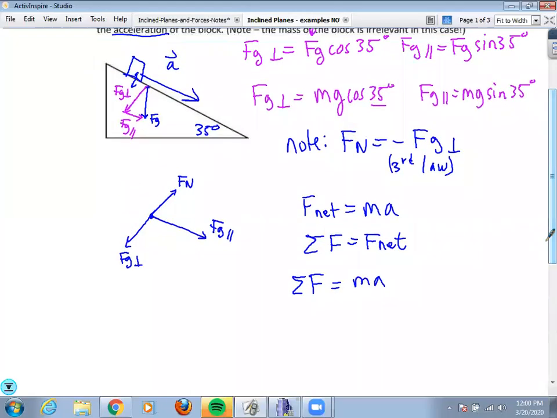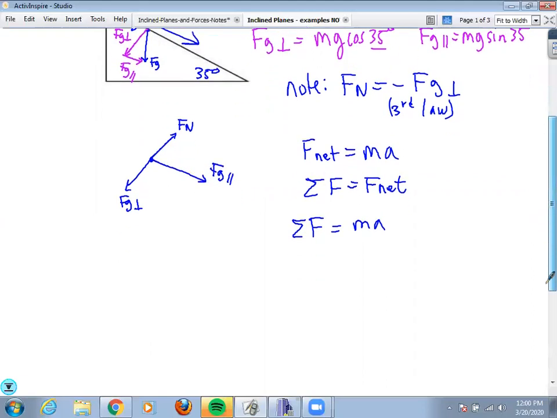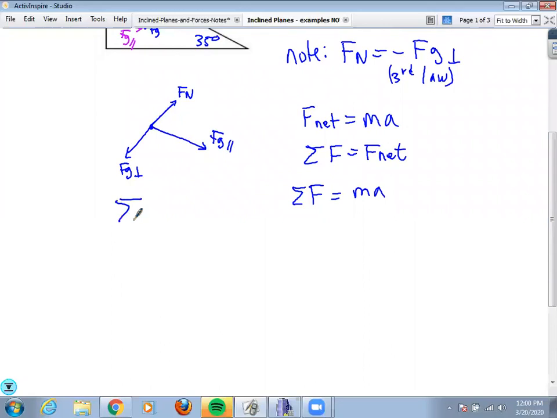If we're looking at the motion parallel to the plane, there is only one force parallel to the plane, and so the sum of forces equals Fg parallel. So Fg parallel equals ma.